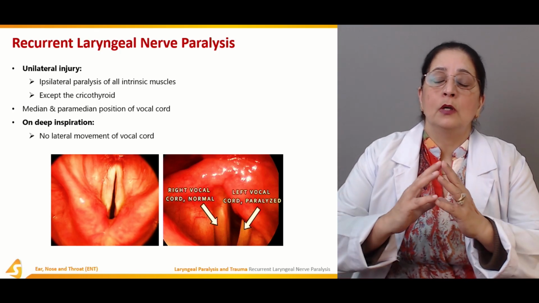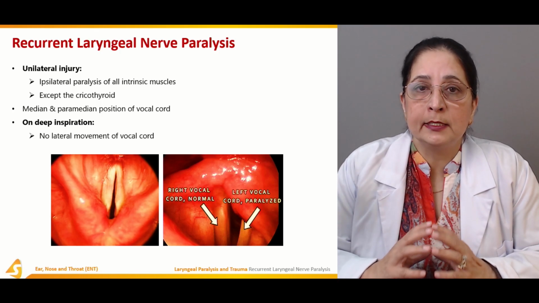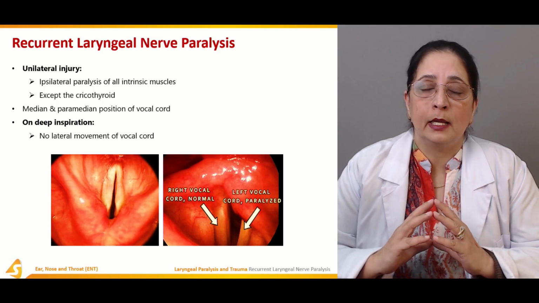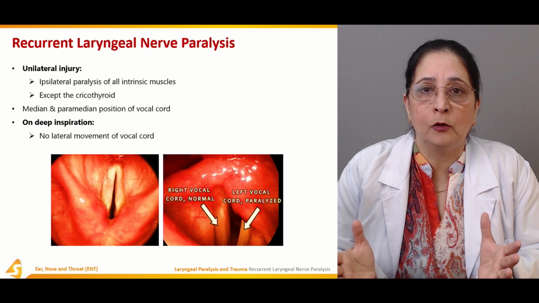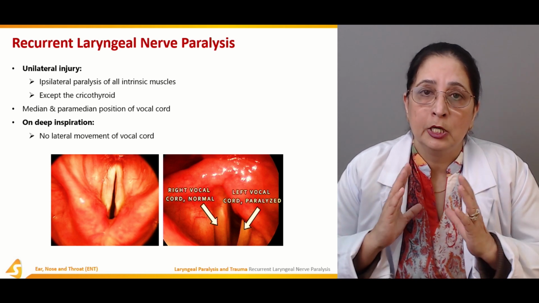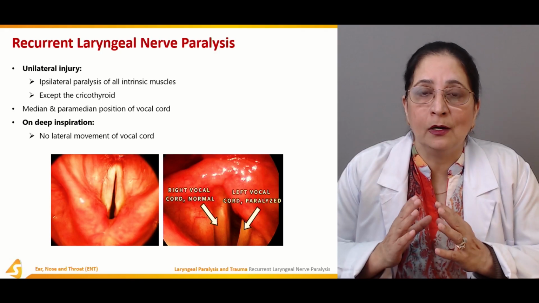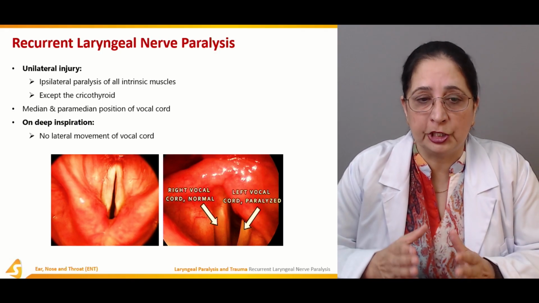No lateral movement occurs because all the other intrinsic muscles are paralyzed and lateral movement of the cords is not possible. They are in the median or paramedian position.